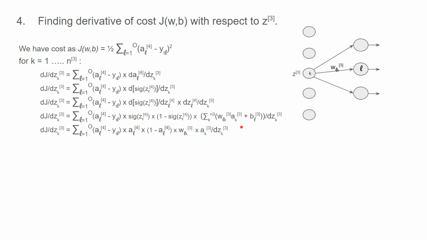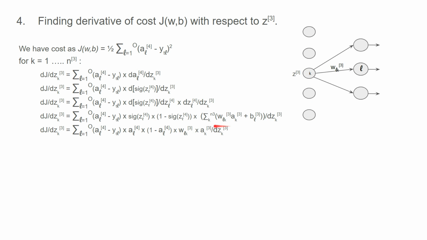Here we can see that when we are differentiating zl4 with respect to the summation over all the k's, only the kth term will have a non-zero derivative.